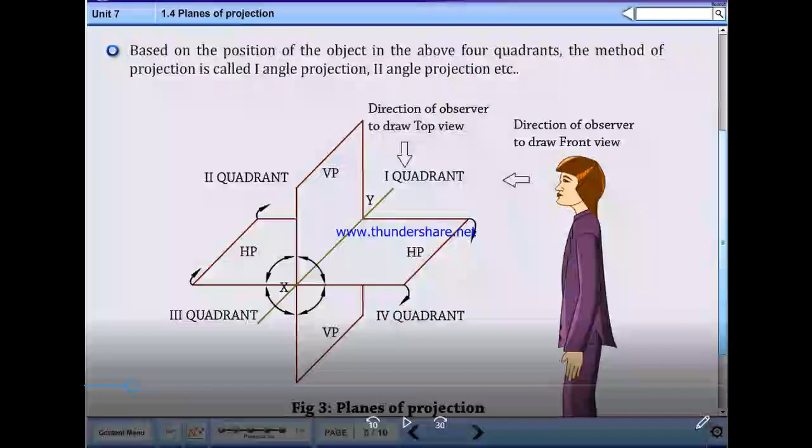Note on the figure. Based on the position of the object in the above four quadrants, the method of projection is called first angle projection and second angle projection. See, note on the figure.